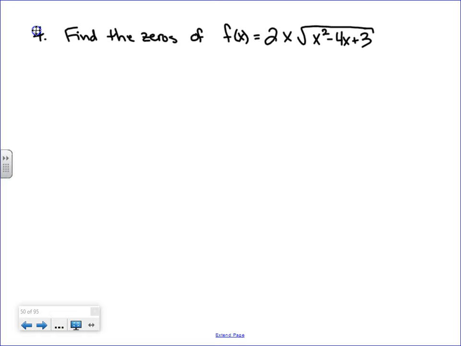Oh wait, no. That's the... It would be... Wait. Yeah, so x plus b. One times square root. Whatever is still bad. Square both sides.